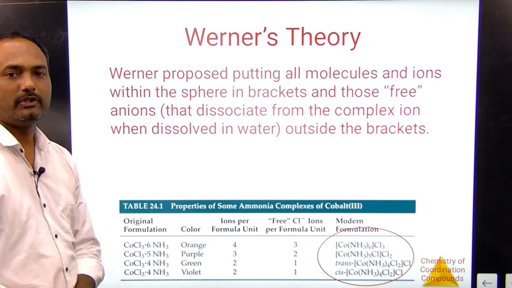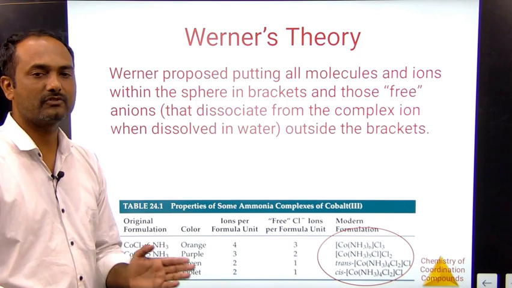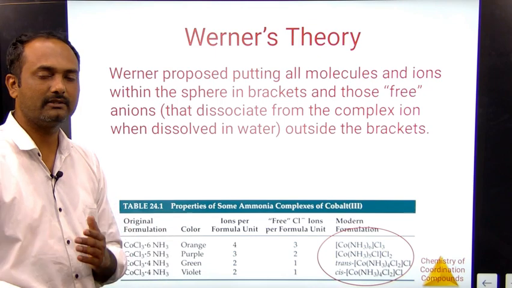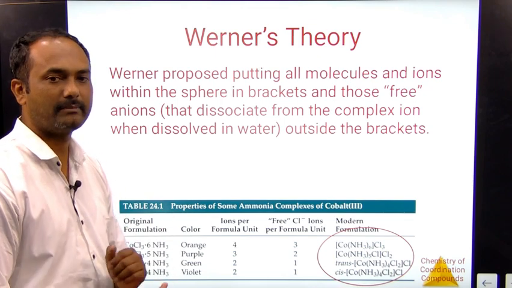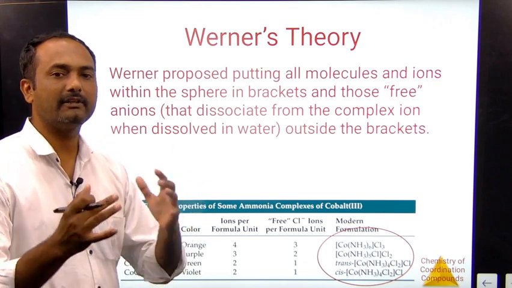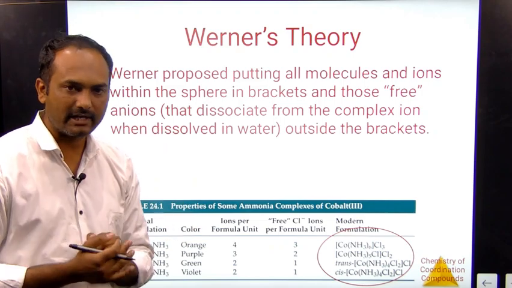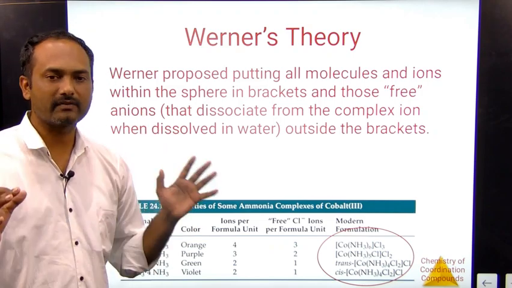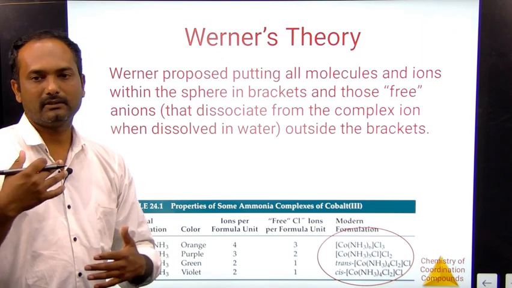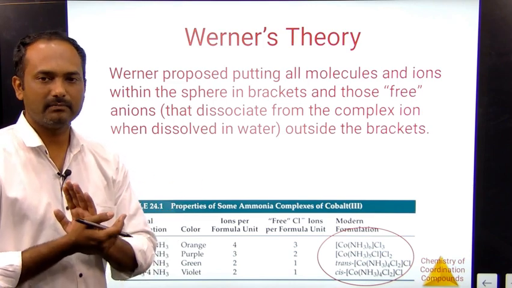So Werner proposed putting all molecules and ions within the sphere in a bracket, and this is called the coordination sphere, and the groups or atoms placed outside the square bracket are called primary valency. And the basic difference between primary valency and secondary valency is that secondary valency is non-ionizable. It cannot get detached from the central metal atom. When we dissolve the complex in an appropriate solvent, the secondary valency will not get detached from the central metal atom.